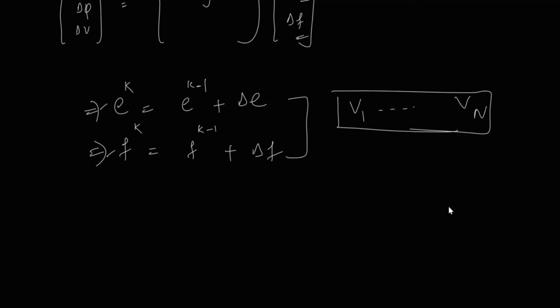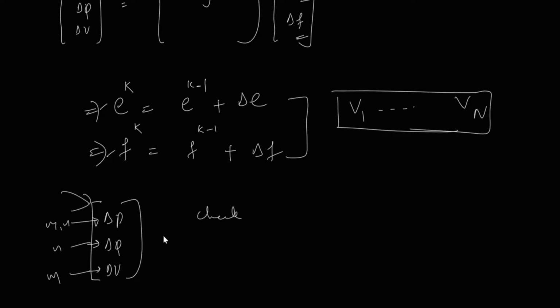But as usual, at the beginning of every iteration, before I form the mismatch vector, because the mismatch vectors are dependent on the type of buses, this is M and this is N, right? So what do I have to check? Before I form this mismatch vector, check for generator Q limits.